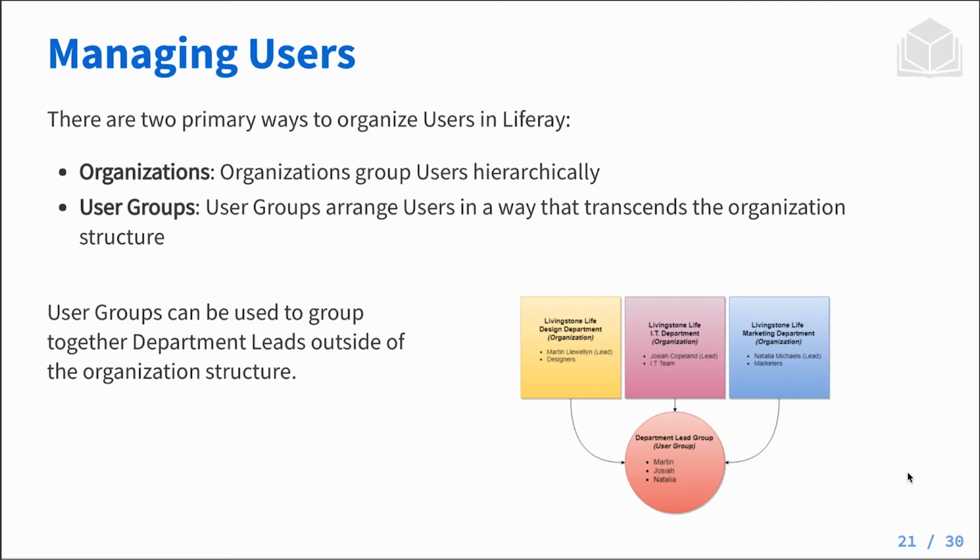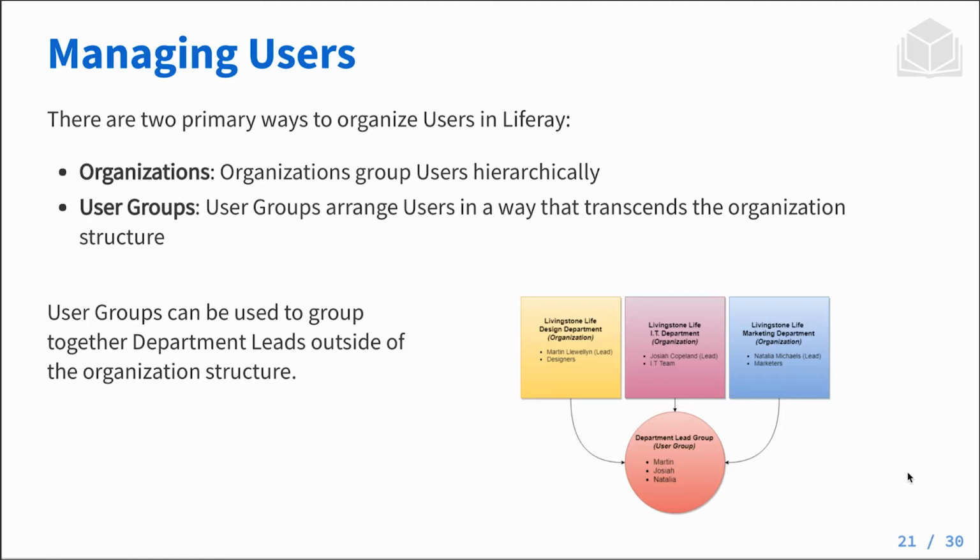Now there are a couple of ways to manage users in Liferay. There is management through organizations and management through user groups. Organizations are going to be representative of a real life hierarchy. In a company, for example, you might have a top level organization and then departments within the organization.